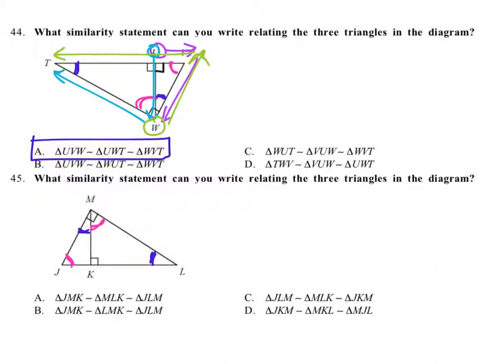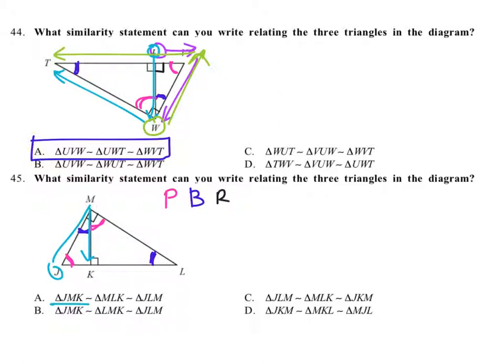So if they name this first one JMK, they're going pink to blue to right angle on that left triangle. Pink to blue to right angle.